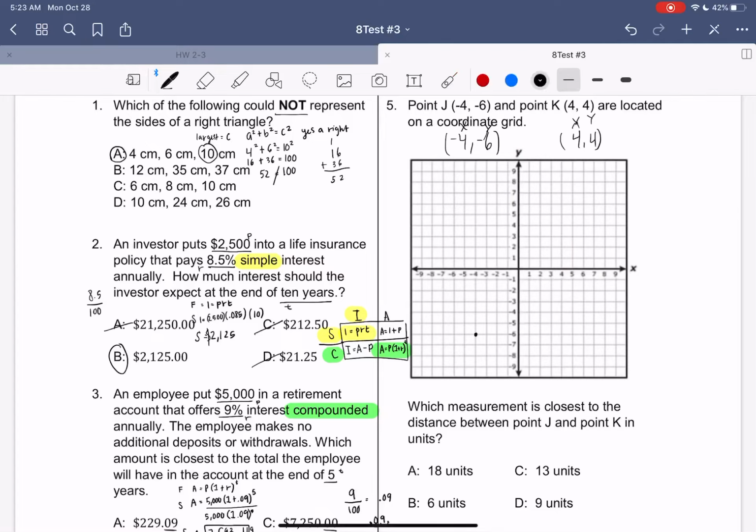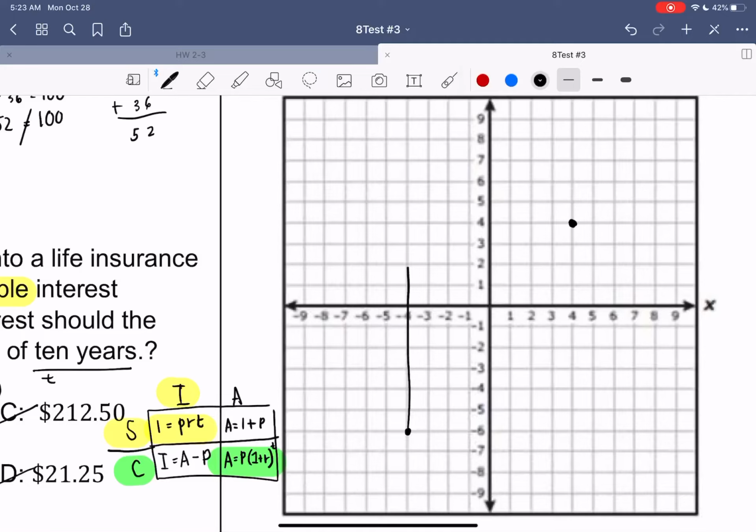So in order to find the distance between these, there's one tool that we could use, and that is the Pythagorean theorem. So I'm going to zoom in. If we can create a right triangle from this, we could extend our line here all the way up to 4, and then across this way, and we have just created a right angle.